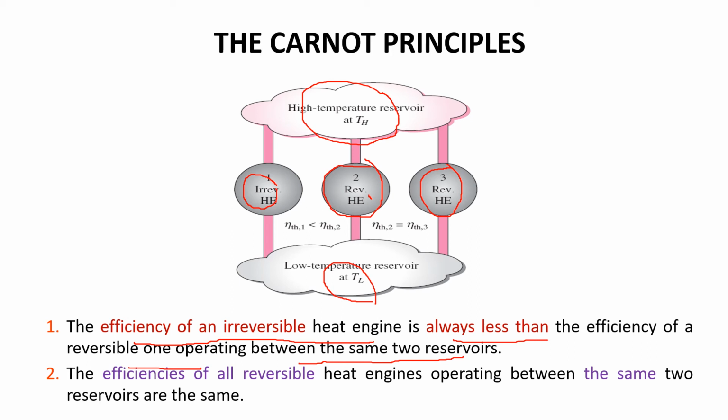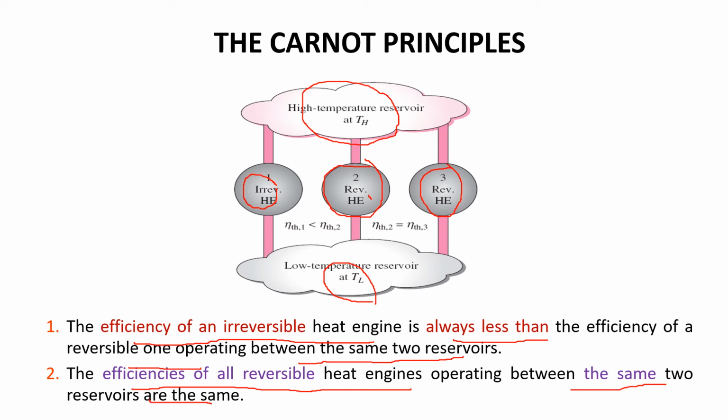But for the efficiency of all reversible heat engines, for example the Carnot cycle, all the efficiency is the same between the two reservoirs. The heat engine operating between the same two reservoirs, the efficiency will be the same.